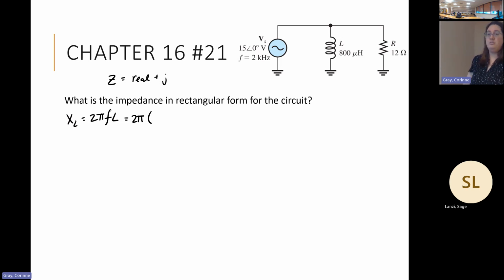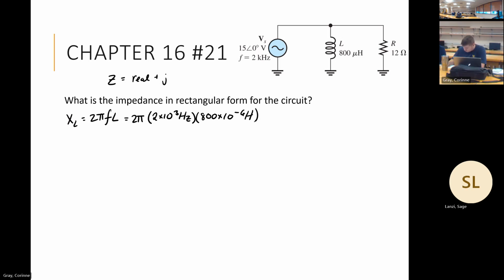Just like we don't always necessarily need the voltage, but the textbook's trying to get you familiar with the notation of having the voltage, the angle, and the frequency.